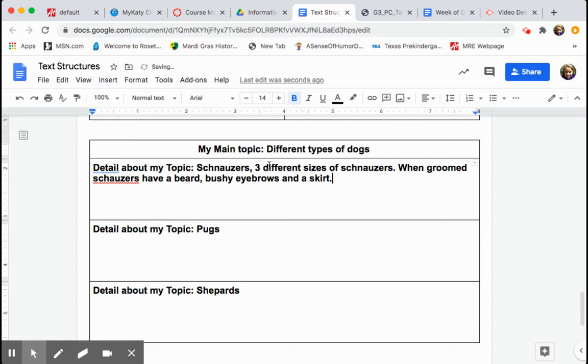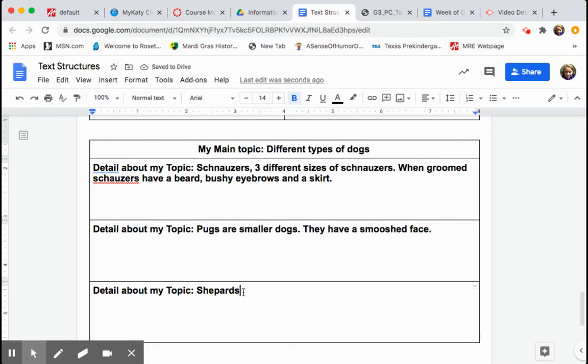Okay, and I'll tell you more about that in my chapter, just so you know. Okay, pugs are smaller dogs. They have a smushed face. And I could tell you more about them.